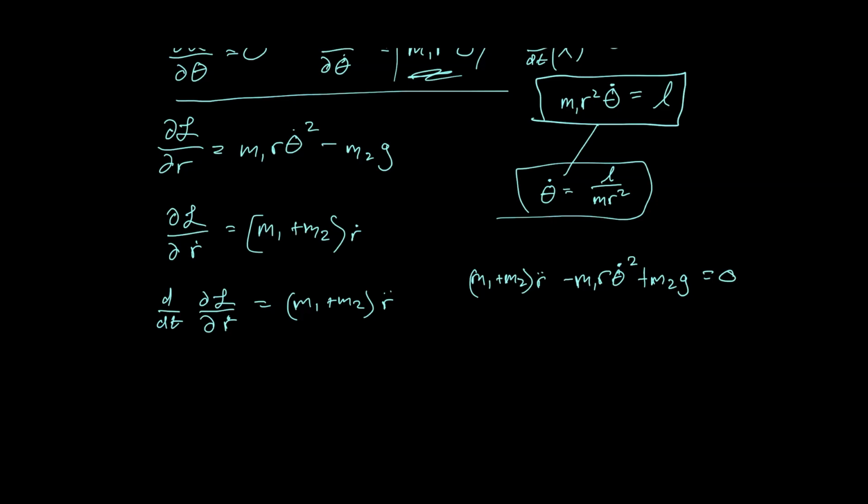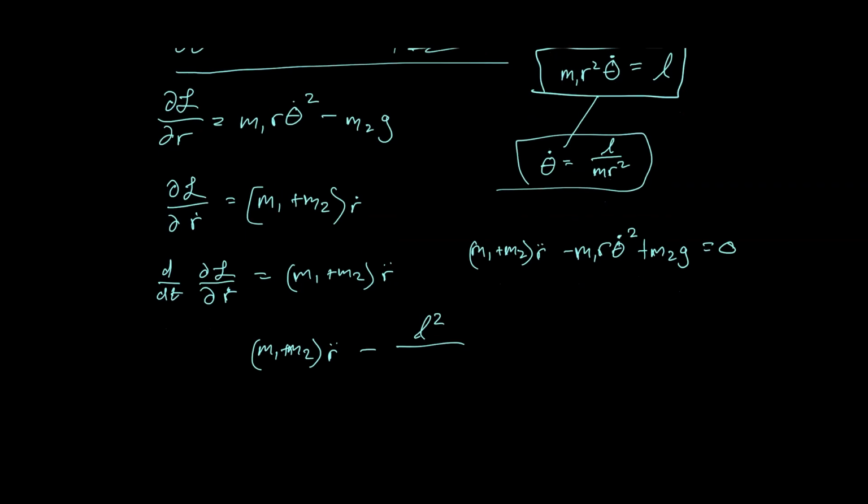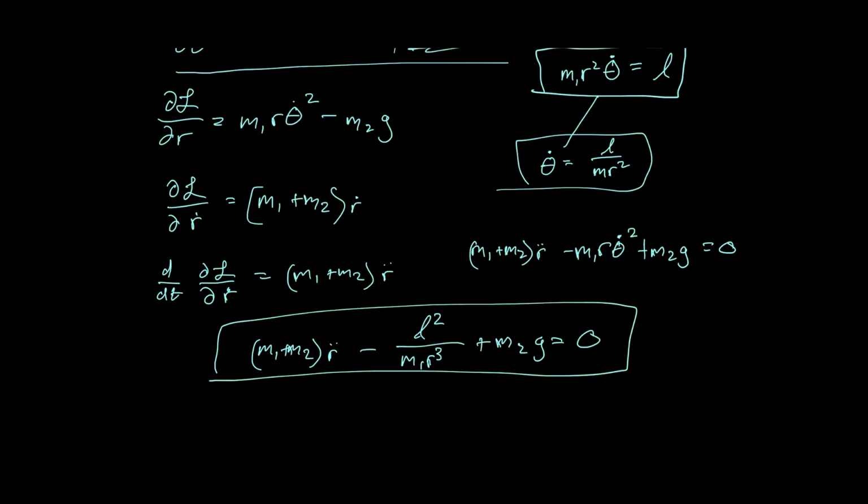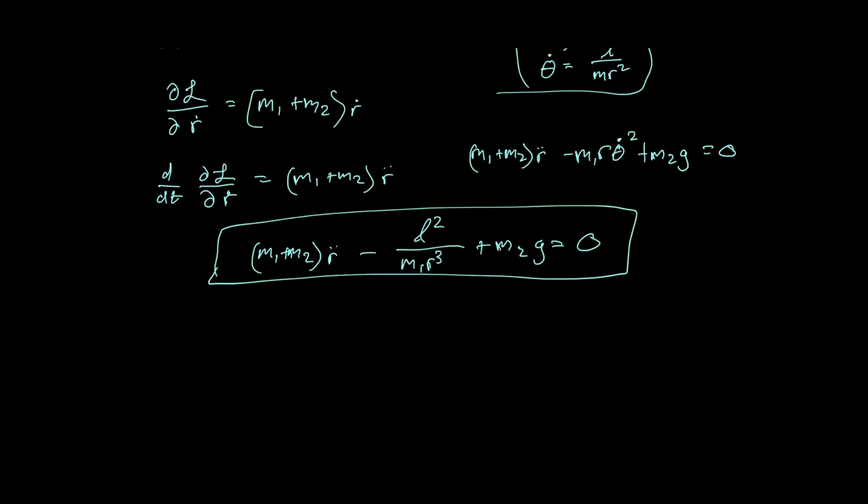And since this is constant, since the angular momentum is conserved, we can replace everything in our Euler-Lagrange equation with L. When you do that, you get (m1 plus m2) r double dot minus L squared over m1 r cubed plus m2g equals 0. So this is our new combined second differential equation.